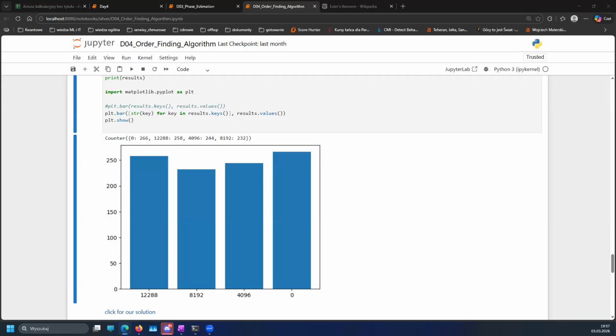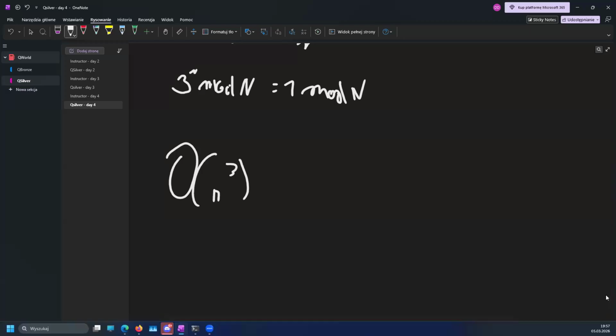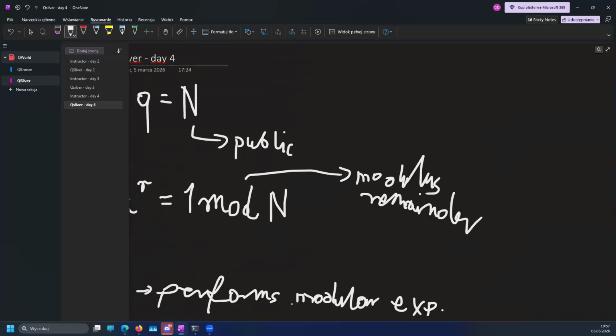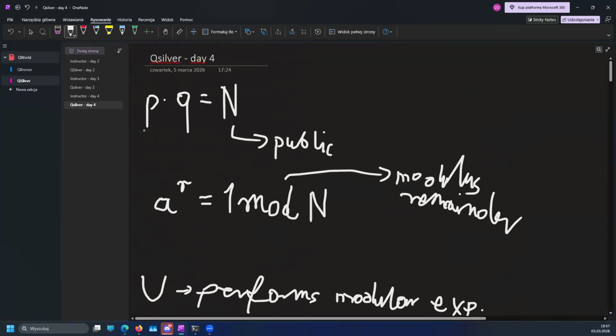So tomorrow we will talk more about what to do with this S divided by R, what to do with this R to obtain this P and Q from the very beginning of our lecture, because we spent about an hour on just getting this R from this expression.